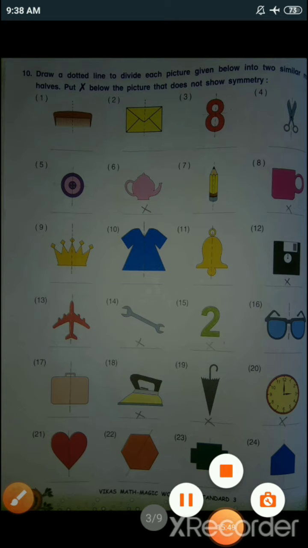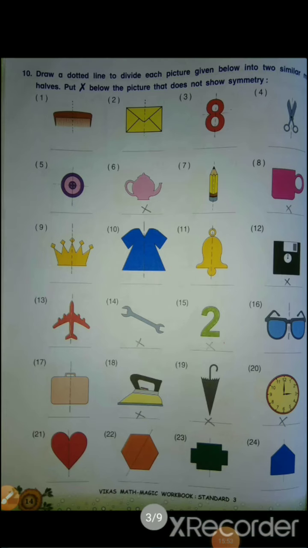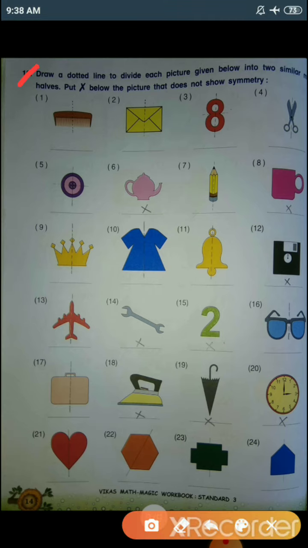Now, we are going to see question number 10. Draw a dotted line to divide each picture given below into two similar halves. Put a cross below the picture that does not show symmetry.